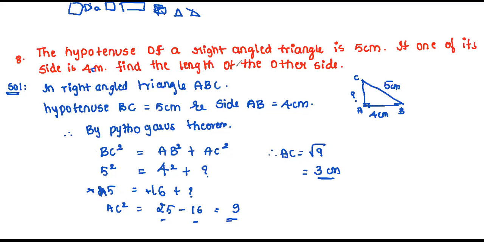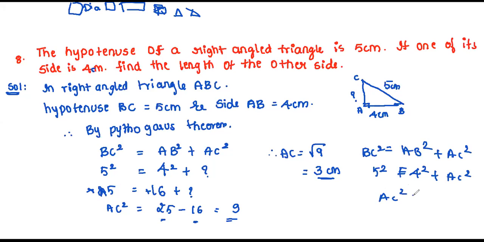Okay. So they're talking about a right angle triangle. In that they have given you the measurement of the hypotenuse and one of the sides, and you have to find the other side. It is simple that always BC square will be equal to AB square plus AC square. So BC is 5 square, equal to AB, that is 4 square, plus AC square.